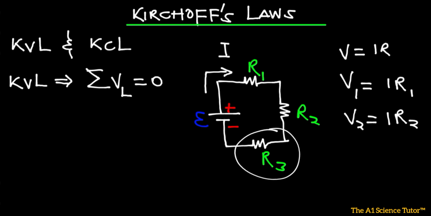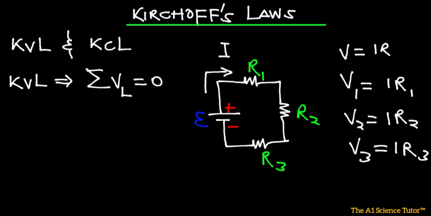Next, we have a voltage dissipated over the third resistor. Let's call that voltage V3, which is the product of the current sent into that resistor multiplied by the resistance present there. As you can see, we have three different voltages applied on various loads or resistances connected within the circuit.